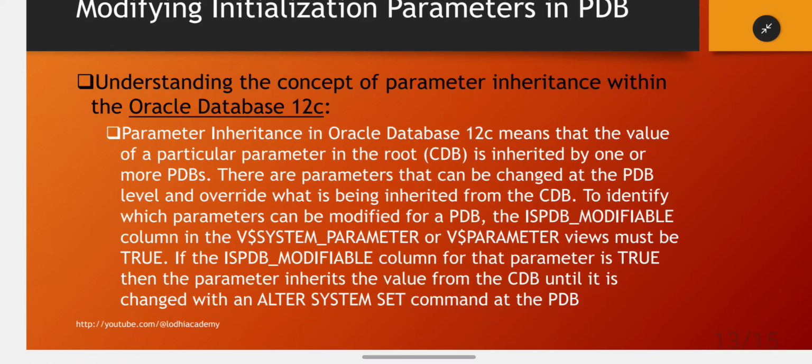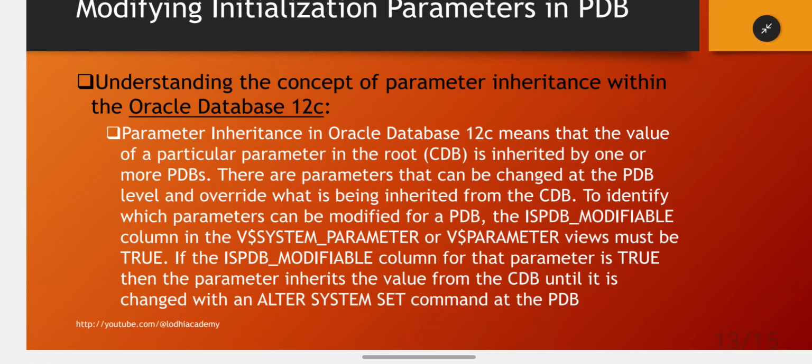There are parameters that can be changed at the PDB level and override what is being inherited from the CDB. To identify which parameters can be modified for a PDB, the ISPDB_MODIFIABLE column in the V$SYSTEM_PARAMETER or V$PARAMETER views must be TRUE.